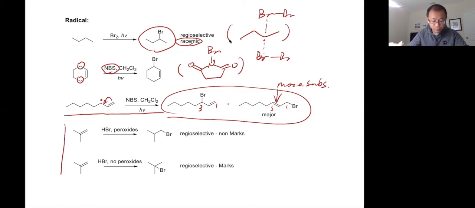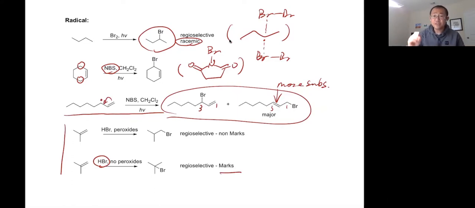And finally, when we talk about radical reactions, we have a way to control the regioselectivity for adding hydrogen bromide. I put two reactions together for you to compare. If we treat an alkene with hydrogen bromide, like we saw before, we know the reaction is Markovnikov addition, Br adds to the more substituted carbon.